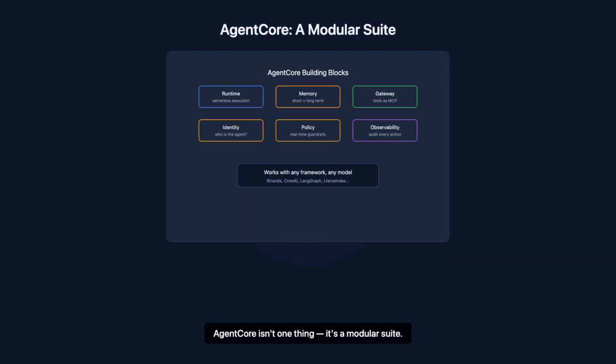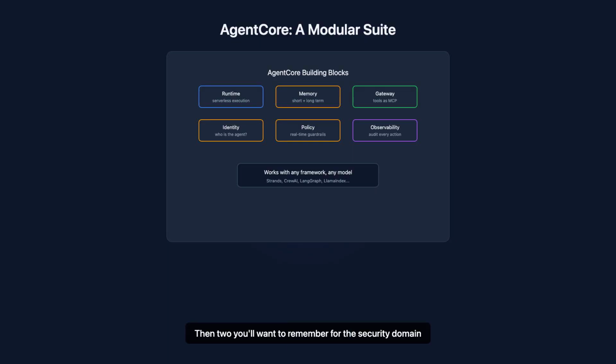AgentCore isn't one thing, it's a modular suite. You don't need to memorize every box, but a few earn their place. Runtime is the serverless environment your agent executes in. Memory holds both short-term and long-term context, and it can be shared across agents. Gateway exposes your tools using that open standard we're about to cover.